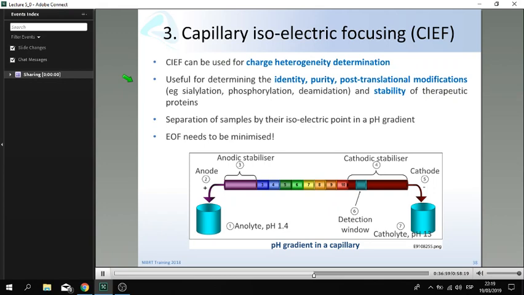And in this case, we are separating our sample by their isoelectric point in a pH gradient. And in this case, also, we need to minimize EOF. So once we form our pH gradient inside the capillary, we don't want EOF to move everything around. So EOF needs to be minimized with this technique as well.